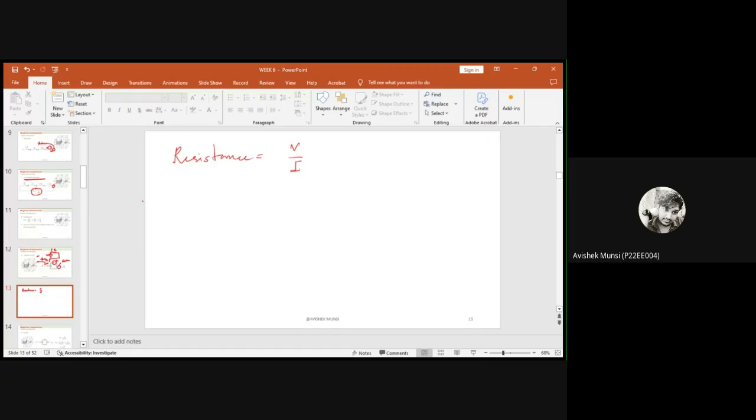From the magnetic circuit, we can say that F, that is the MMF, is equal to H into l, and phi equals B into A. If this is equation 1 and this is equation 2, dividing 2 by 1, we get phi by F equal to B A by H l.